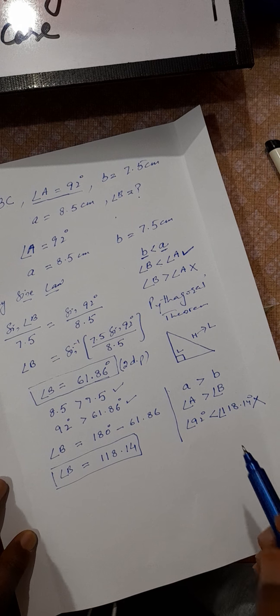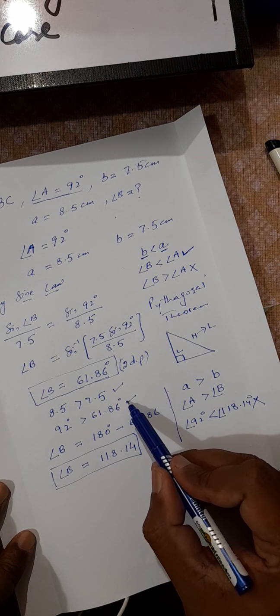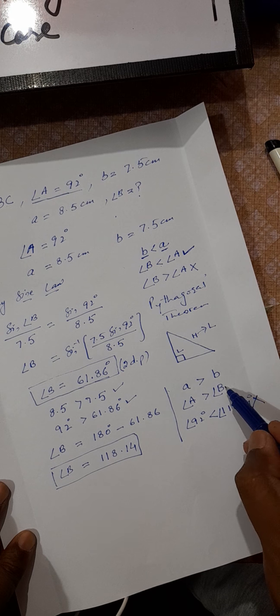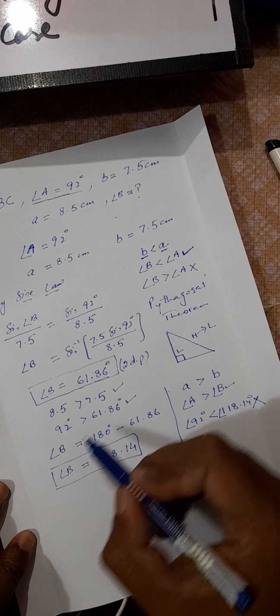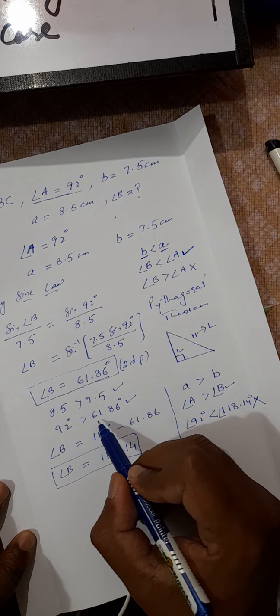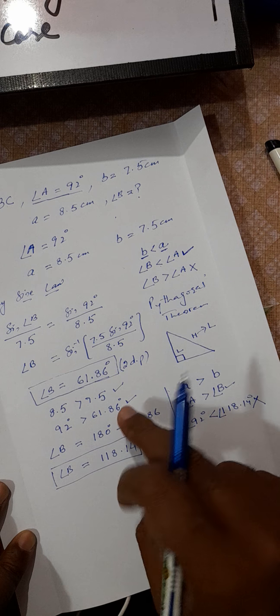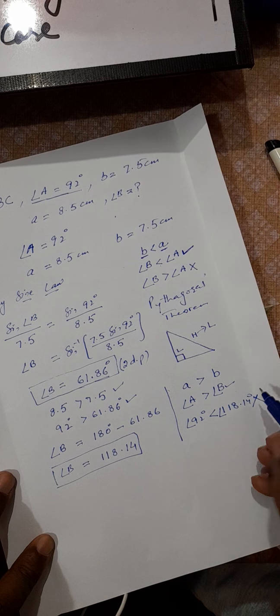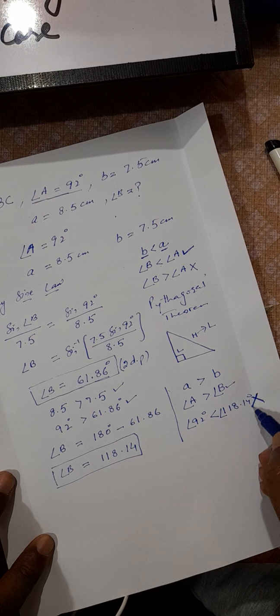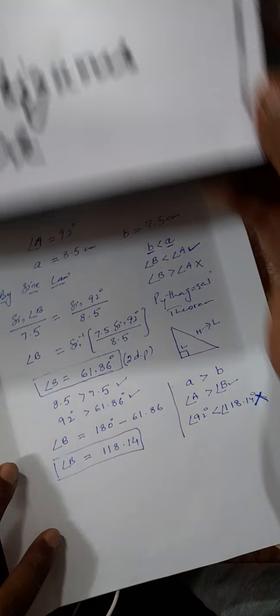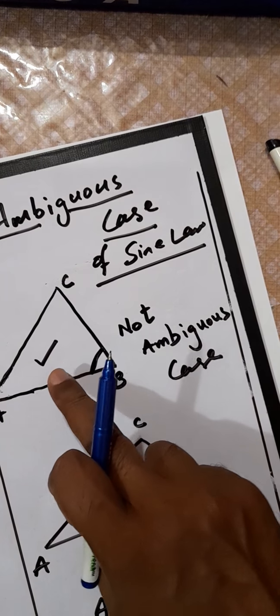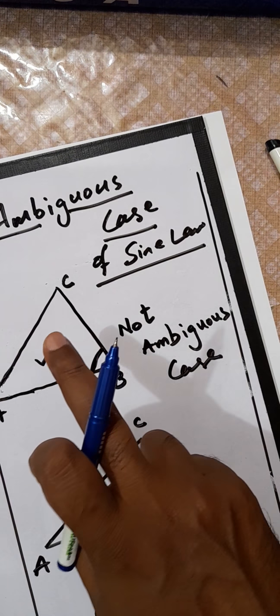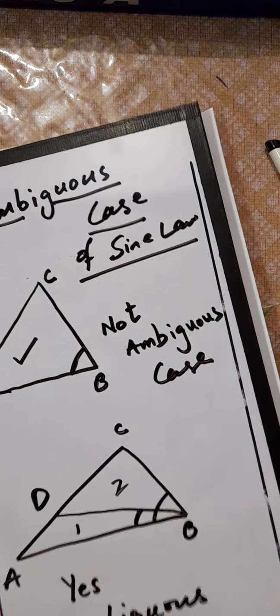So it means that we are having only one angle, that's why here you can see that 61 is less than 92. So this case is not ambiguous, because this is not possible. And when you make the triangle, it will be made like this, only one.